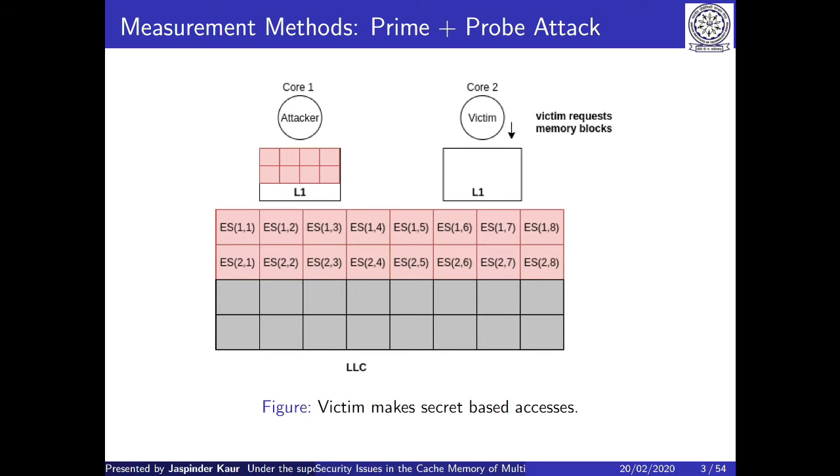In the last class I also explained that both side channel and covert channel attacks are possible by observing the access behavior of some application. In a side channel attack, the attacker observes the access behavior of the victim application, and in a covert channel attack, the spy application measures the access behavior of the Trojan application.